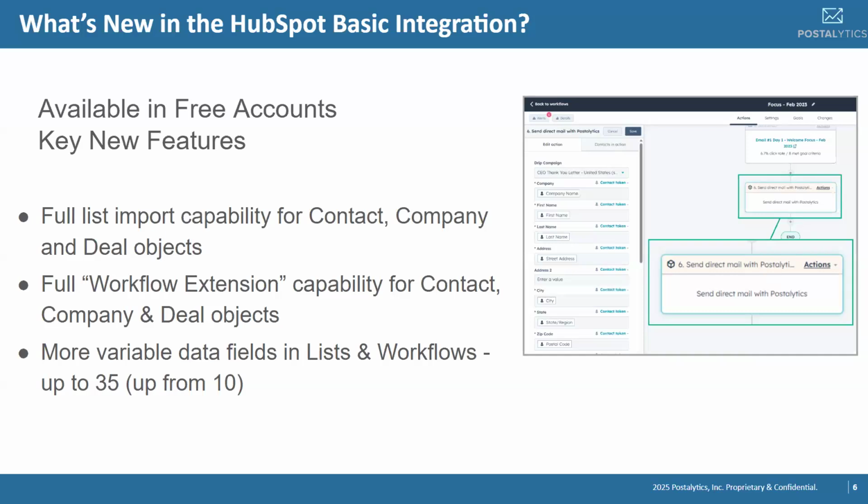And so you can do a lot more advanced personalization using all of this new data that you can bring in from HubSpot. And so nice big update for our free plan users with HubSpot basic integration.